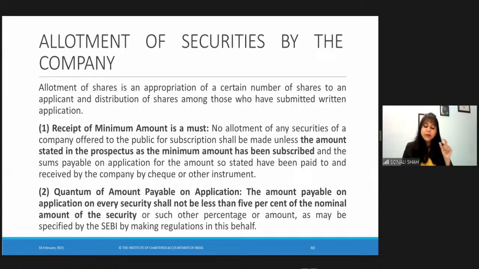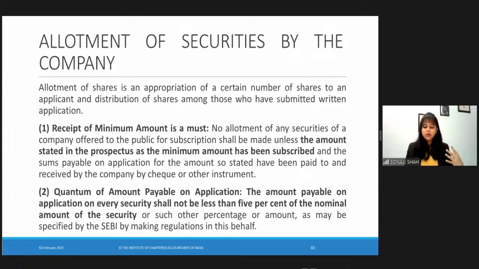These prescriptions are given in the ICDR guidelines. If that minimum amount has been received, shares will be allotted. If not, the amount will be returned. How this entire procedure of allotment of securities goes by as per the procedure laid down in the law, we will walk through one by one.